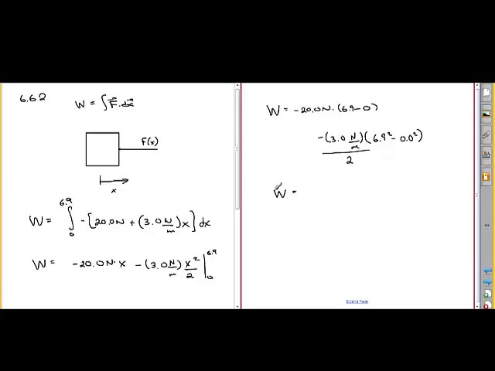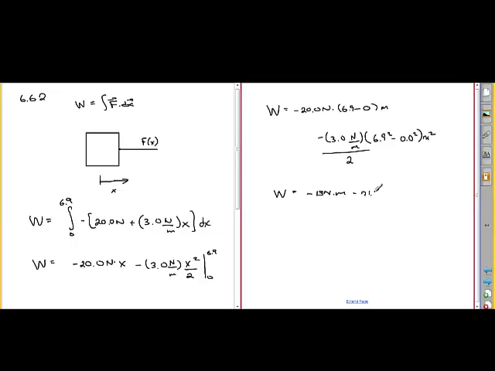So our first term is 6.9 times negative 20. So it's negative 138. The units are newton meters. These are meters, these are meters squared. So here we get newtons times meters, and here we get newtons per meter times meter squared, which gives us newton meters. And the second part is 6.9 squared times 3 divided by 2.